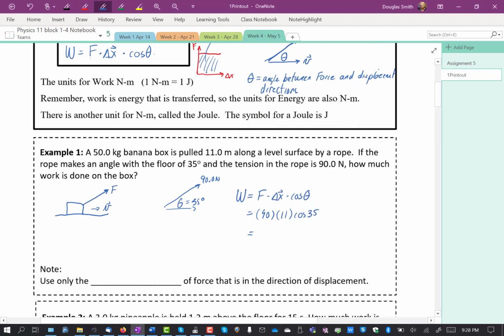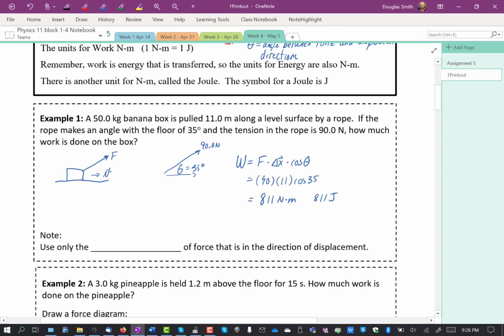I get 811 joules. Or I could call it Newton meters, or I could call it a joule. It's the same. And the lesson from that is use only the component of the force that is in the direction of the displacement. So just looking at this force vector a little bit more carefully, it's moving in this direction, we're only going to use that component of it. We don't care about that component.